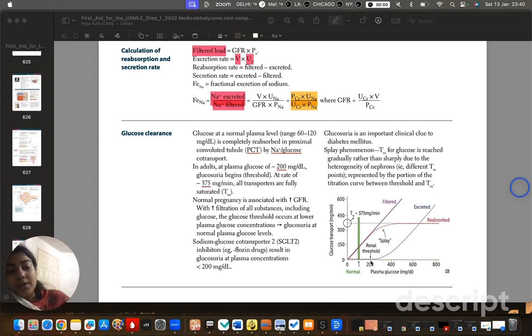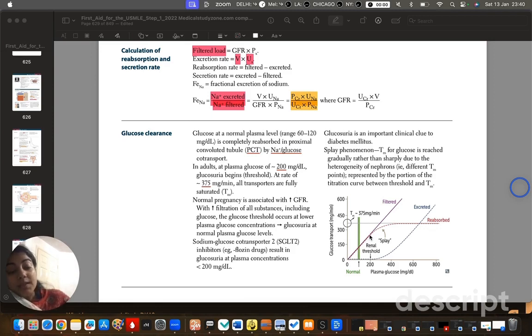Why? Because up till this point it was getting reabsorbed fully. Yes, it was definitely getting filtered. That means it was appearing in your Bowman's capsule. It was appearing there, but it was also getting reabsorbed.